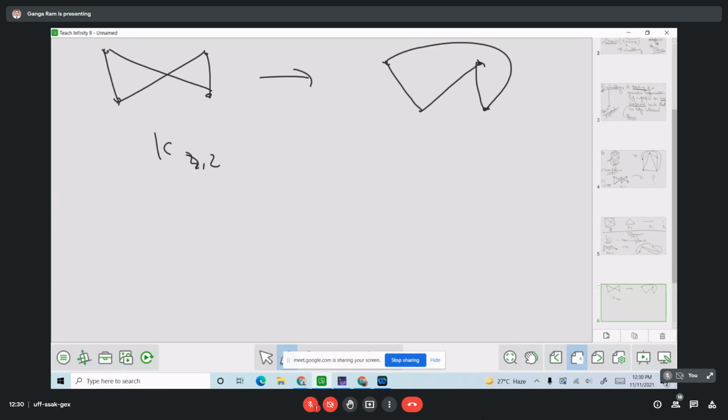Okay. So K22 is also planar. K11. Yes, planar. K11, it is clear. Okay, because there is no intersecting edge in this case. K11 is nothing but K2.